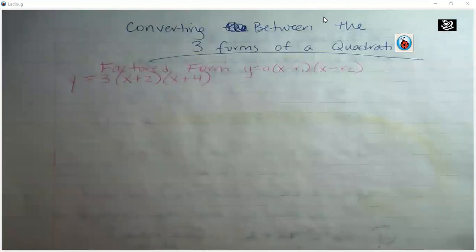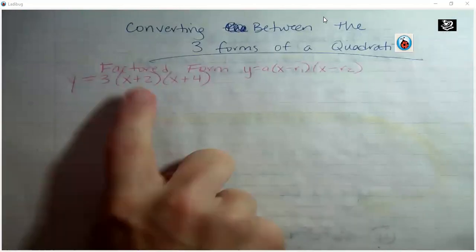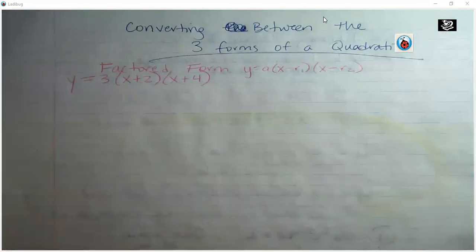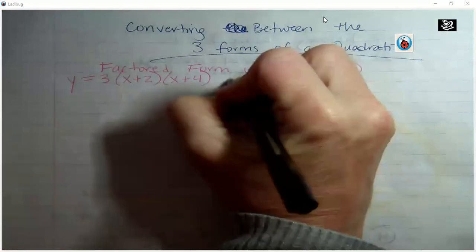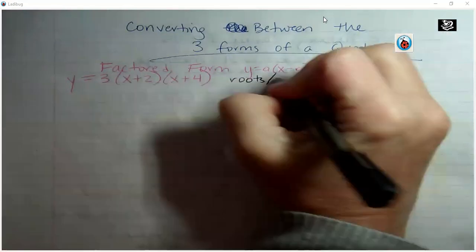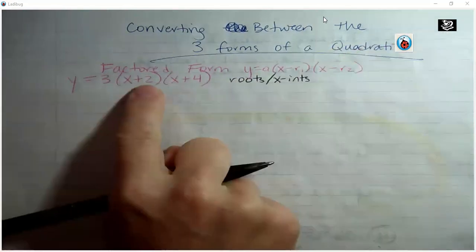What information do you know from factored form? The roots. So factored form gives you the roots. And what's the other word for roots? X-intercepts. Good.